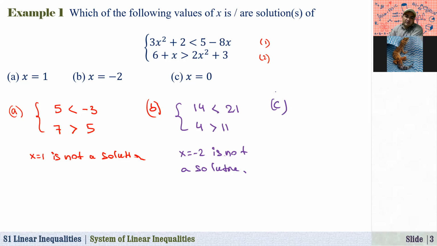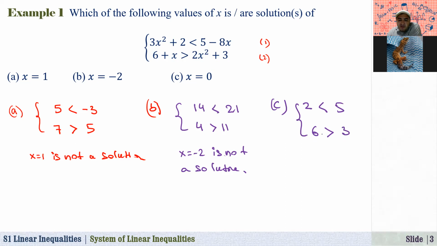If you substitute 0 into these inequalities, the first one is 3 times 0, 0, 0 plus 2, it is 2. Less than 5 minus 8 times 0, that is 5. It satisfies the first inequality because 2 is less than 5. And how about the second one? 6 plus 0, it is 6, greater than 2 times 0, 0 plus 3, that is 3.